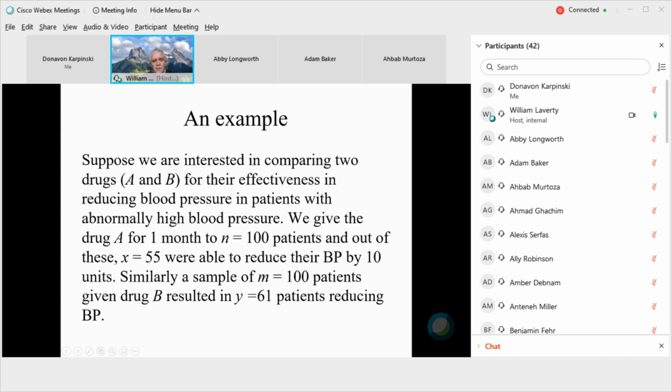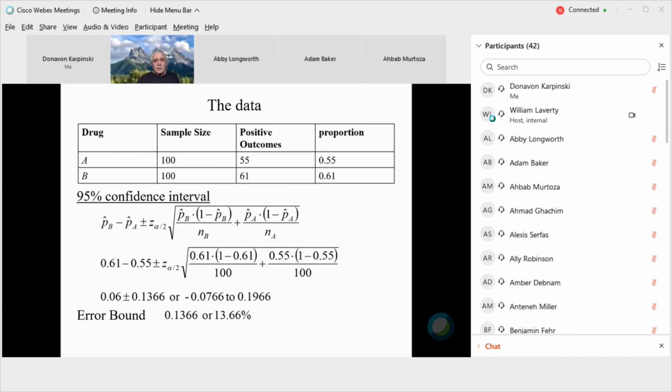So we give drug A for 1 month to 100 patients, and out of those, 55 were able to reduce their blood pressure. We give the second drug to 100 patients. 61 patients were able to reduce their blood pressure. So there's the data so far.